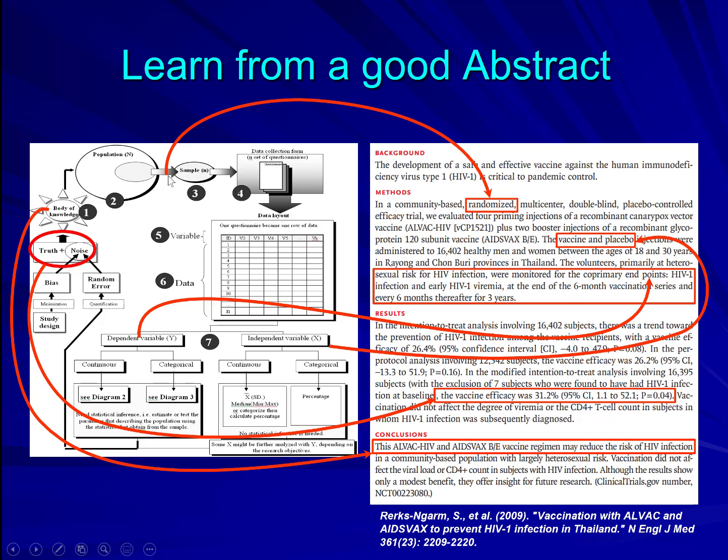Another one is the sampling technique, this arrow, from the target population, how you select the sample. Here it is not selected, but randomly allocated, called randomization. So for an observational study, we call it sample selection.